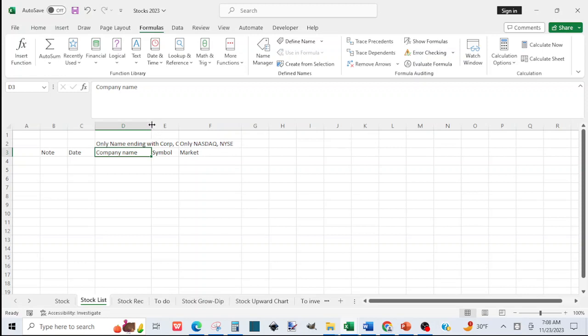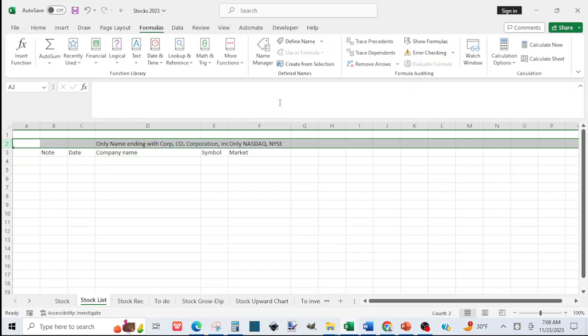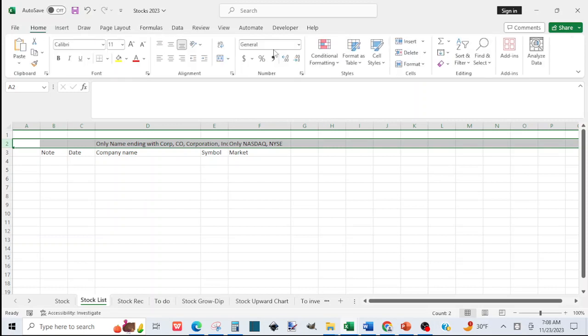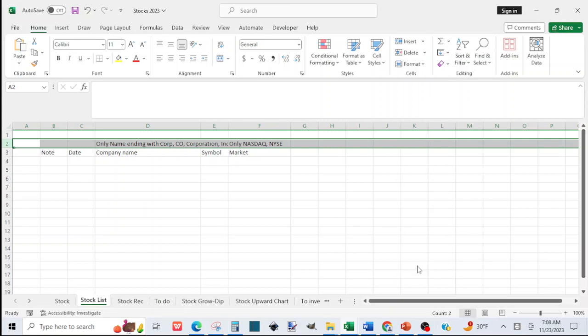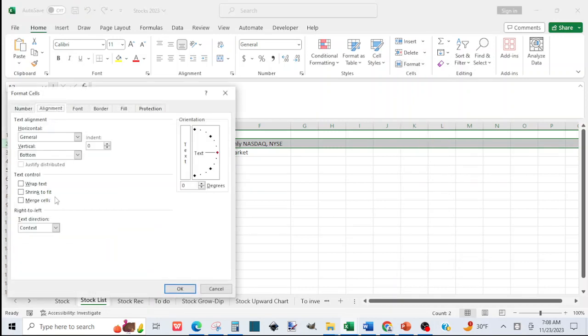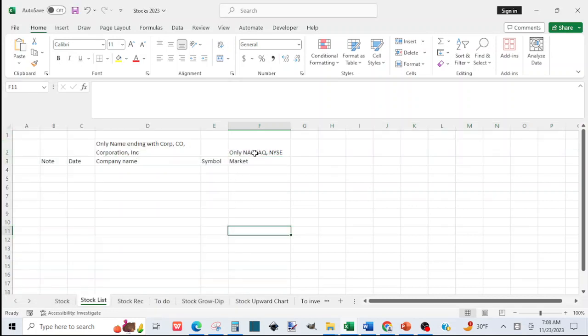And in fact, we can make this column if we go to Home, Format Cells, Alignment, we can just wrap that one so that if we have too much information in it, it can go to the next row within that cell. So we have the markets, that is where the stock is sold on.